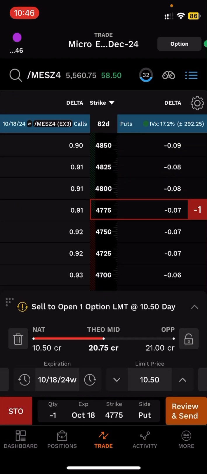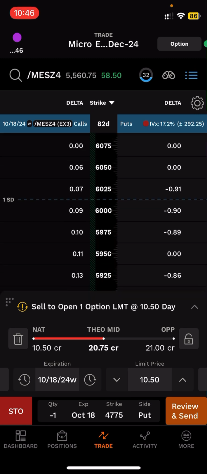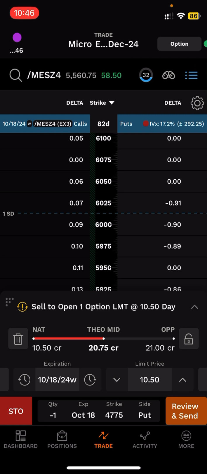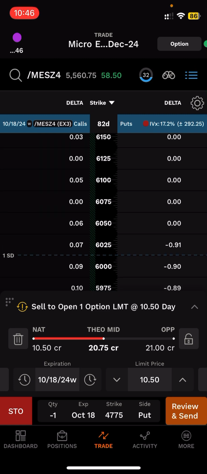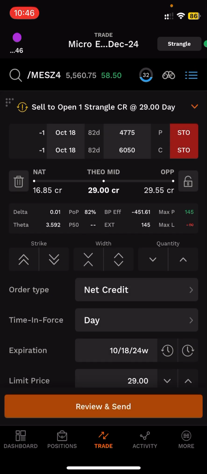Well, the point of this is you can take both sides, and go all the way up and skew it a little bit up. And so in this case, you could skew it here to the 6 delta. And see now, if you look on the right at that green number, max profit, 145.